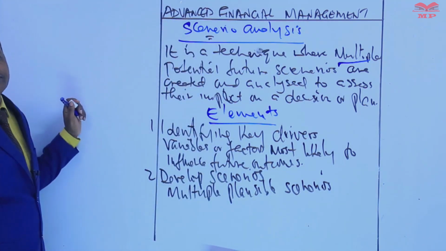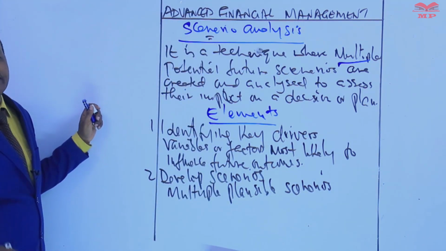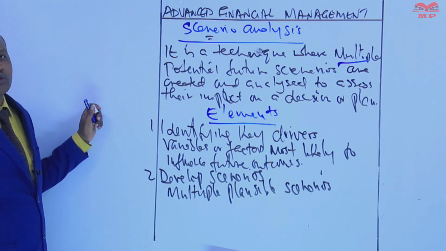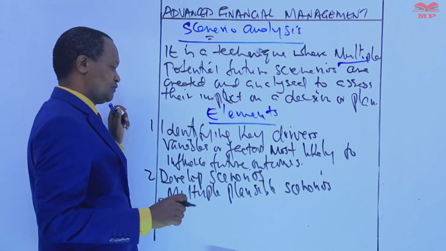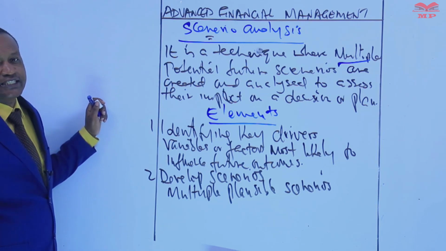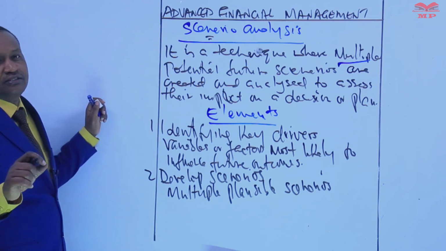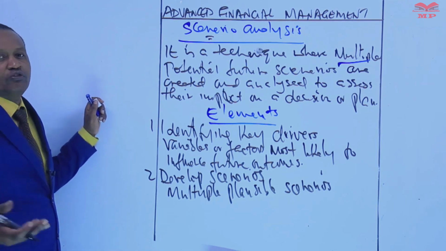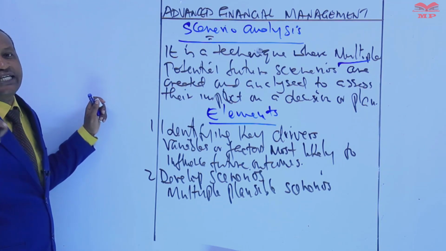You understand? And each scenario has to represent a different combination of possible values. Each scenario has to do what? Has to represent a different combination of possible values for the key drivers.